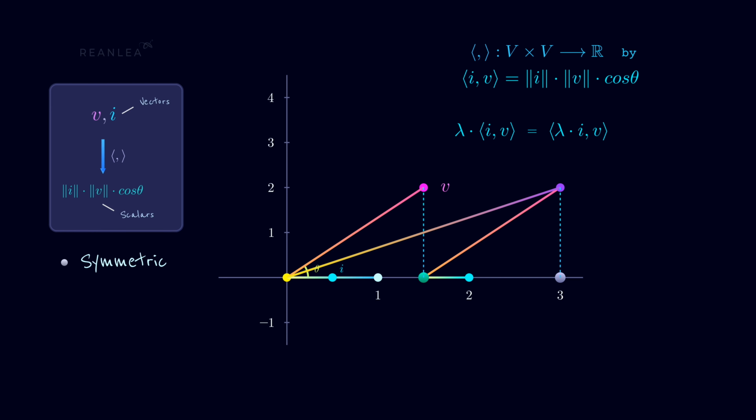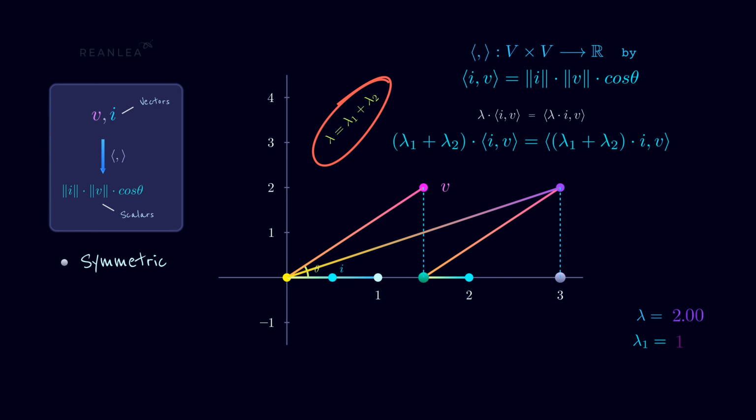Now, if we consider lambda to be the sum of two scalars, lambda 1 and lambda 2, then this equation becomes lambda 1 plus lambda 2 times the inner product of I and V is equal to the inner product of lambda 1 plus lambda 2 times I and V. And further simplification gives us this result.